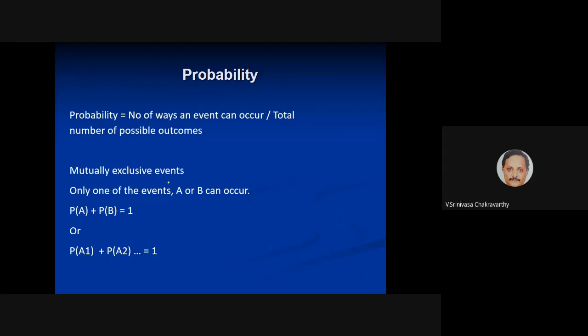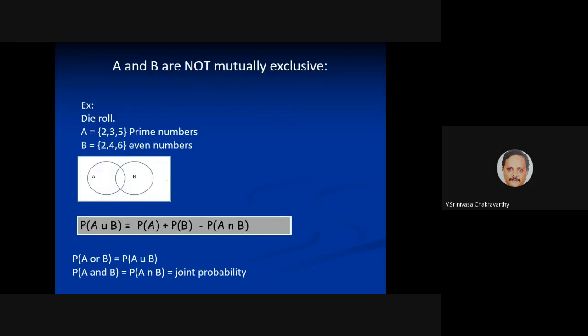Now, for mutually exclusive events, only one of the events A or B can occur, which means only 2 events are possible. So probability of A plus probability of B is equal to 1. Or if we have n events, then the sum of P(Ai) is equal to 1. If A and B are not mutually exclusive, let us use Venn diagrams, set theoretic representations. Take 2 events while rolling a die: A is any prime number and B is any even number.